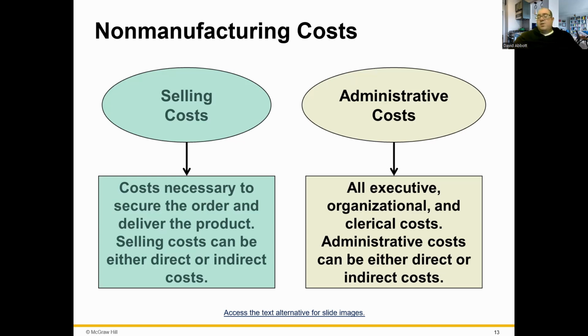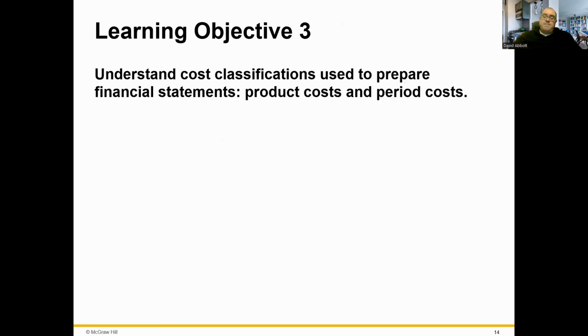And then administrative costs are for all executive, organizational, and clerical costs. Administrative costs, again, can be either direct or indirect, but they're not involved specifically with the manufacturing. So it's part of our overhead costs.